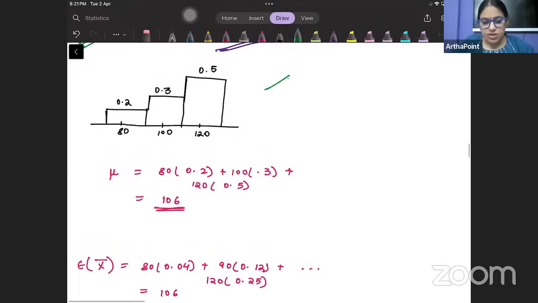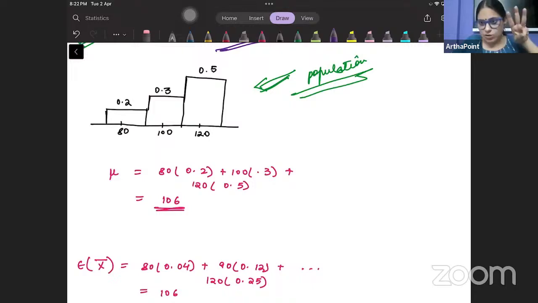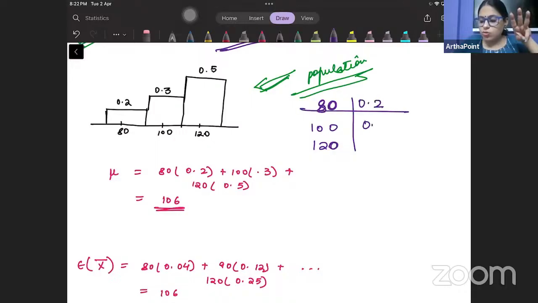This histogram in particular refers to the histogram of the population. So if you go back to the population, we had only three values. The revenue can be 80, the revenue can be 100, and the revenue can be 120. और उनका corresponding probability दिया हुआ था 0.2, 0.3 and 0.5.